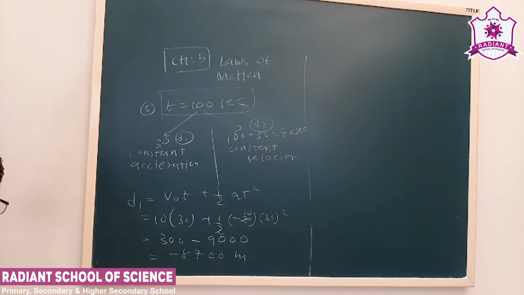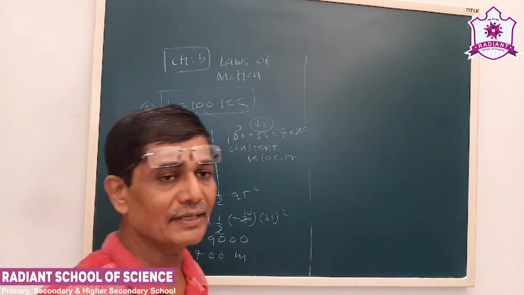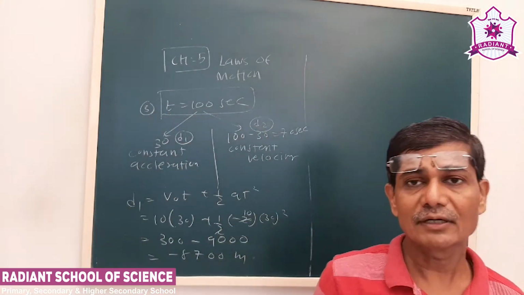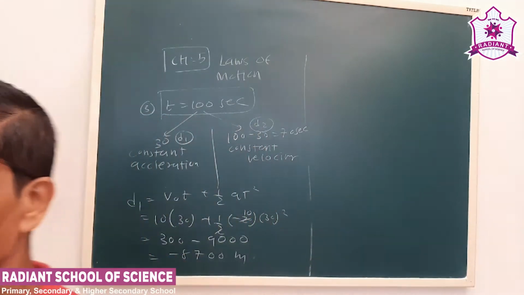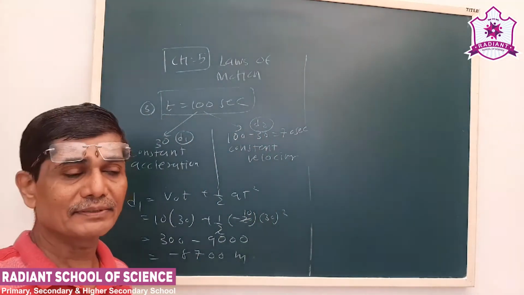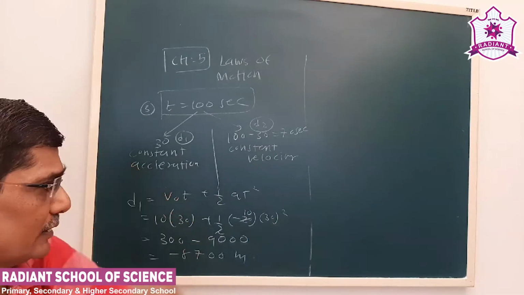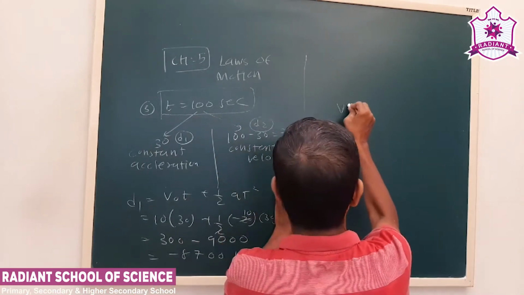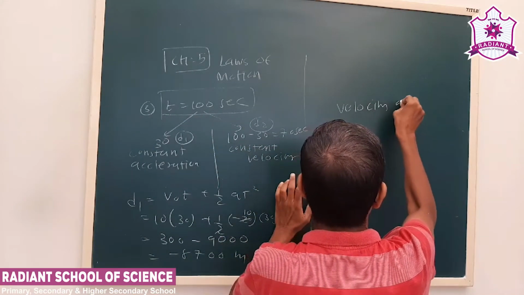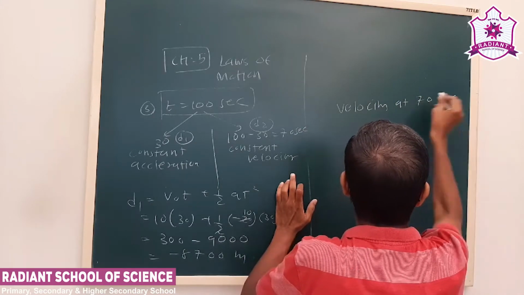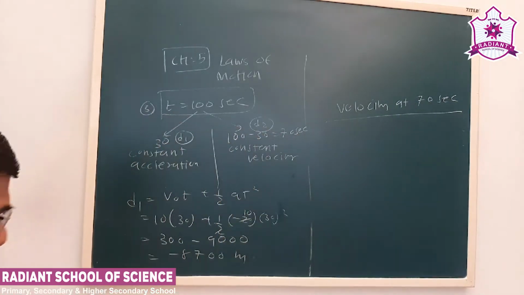Now see, after that it will move with a constant velocity, but we have initial velocity given as 10 meter per second. So we have to calculate the velocity at 30 seconds. What is the formula here?